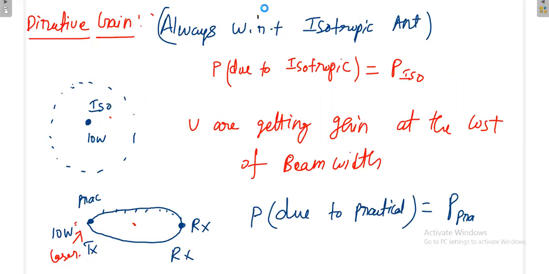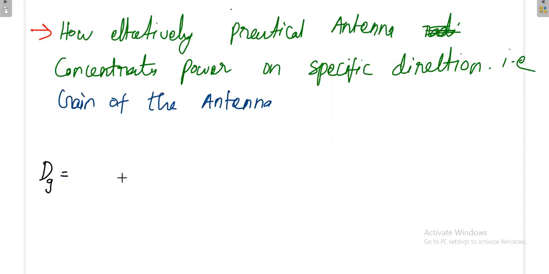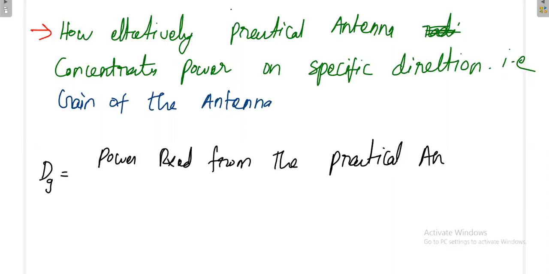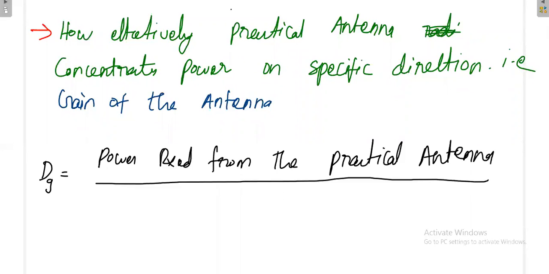So directive gain, DG, is equal to simply the power received from the practical antenna divided by the power received from the isotropic antenna.